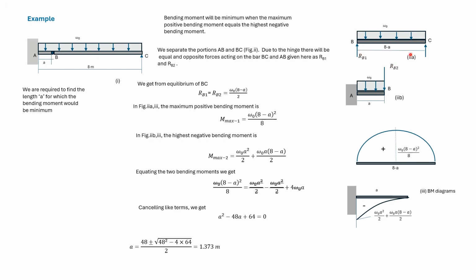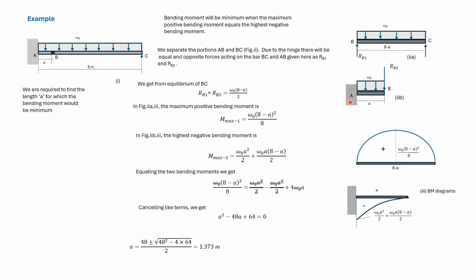The portion BC will be subjected to positive bending moment with the maximum as omega 0 (8 minus A) squared divided by 8.